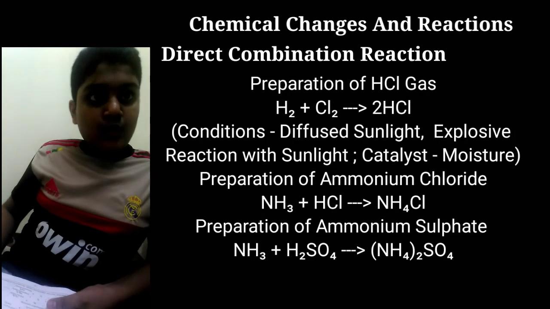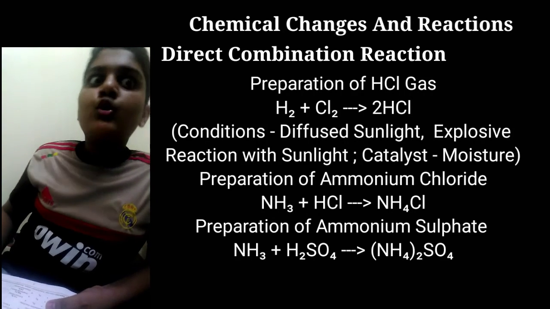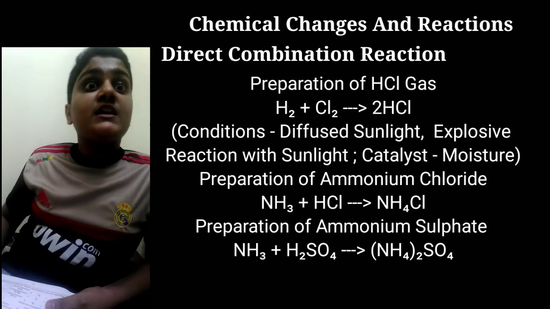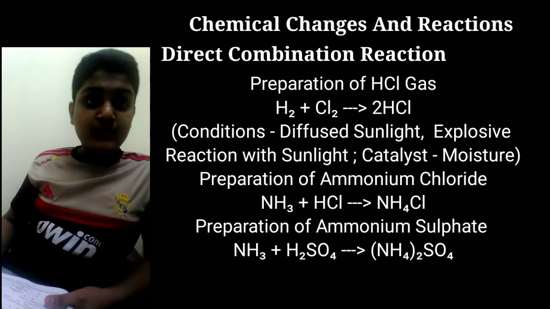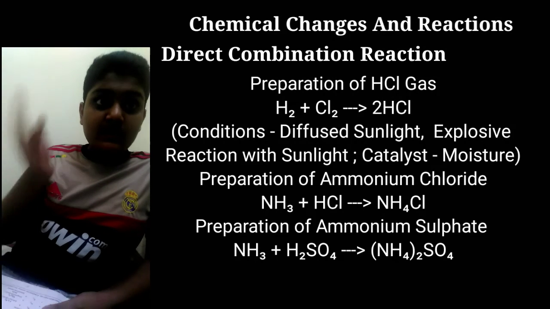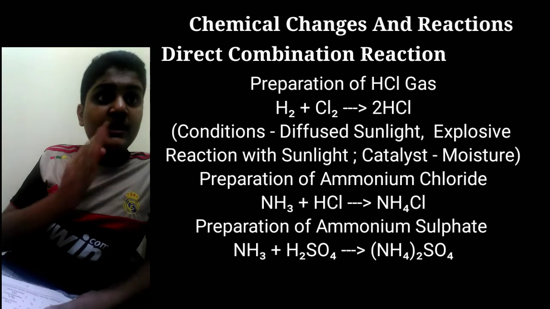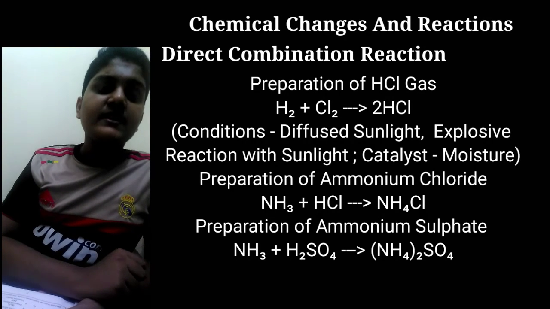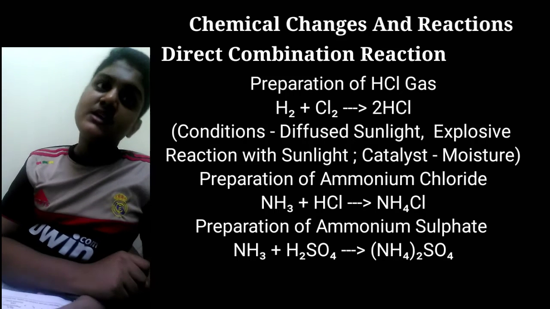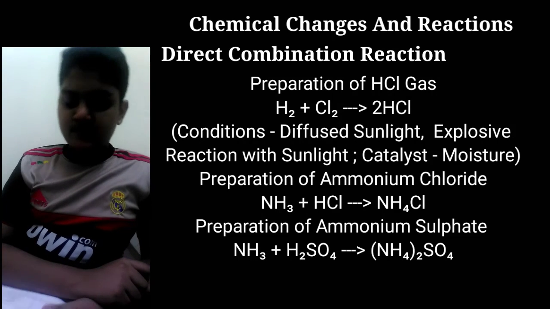We prepare ammonia. How will you prepare ammonium chloride? What is ammonium? NH4. First of all, you need ammonia. NH3 plus HCl gives NH4Cl.